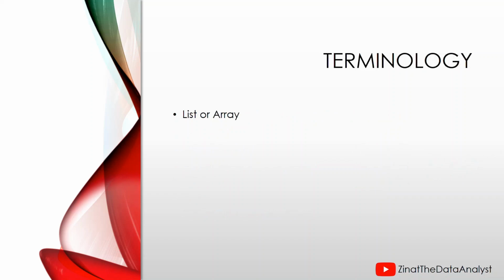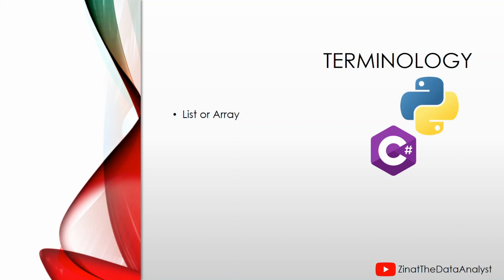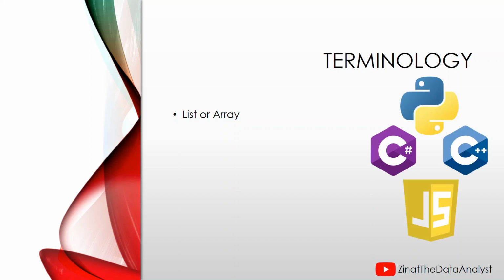Okay, let's begin with terminology and definitions. First and foremost, a list and array. If you are familiar with Python, C#, C++, JavaScript, or other programming languages, you might have heard about list or array. If you have not heard, don't worry, because I will talk about it a bit here. An array is a list of values separated with commas in different programming languages.